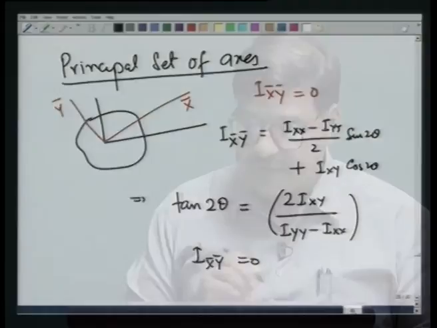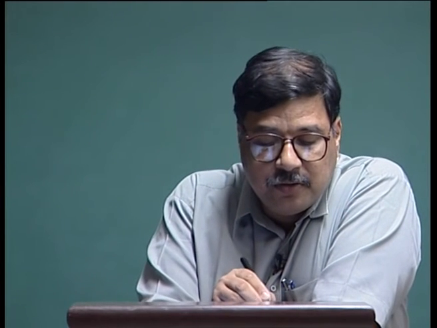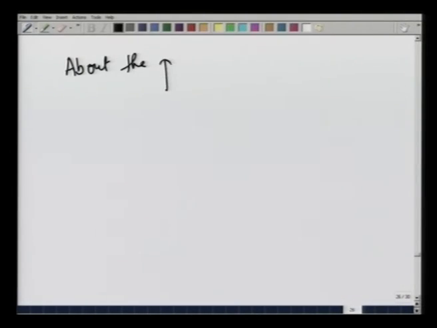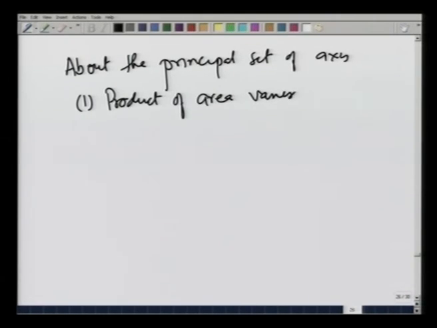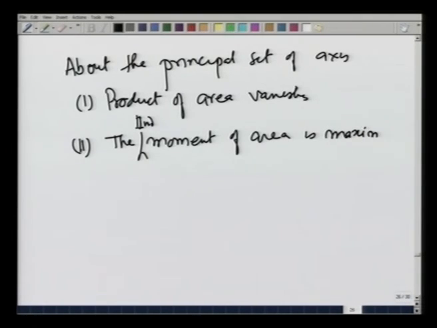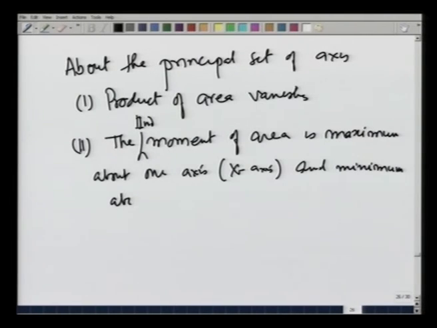An interesting fact about the principal set of axes is that about the principal set of axes, one, the product of area vanishes, and two, the moment or the second moment of area is maximum about one axis, say the x axis, and minimum about the other one.